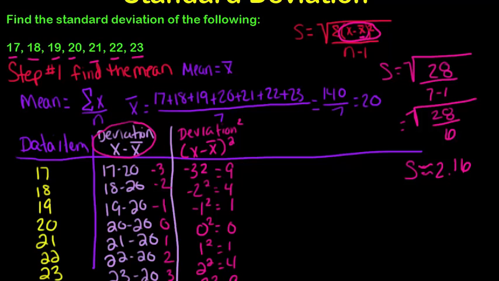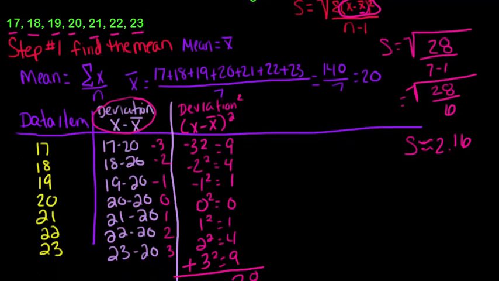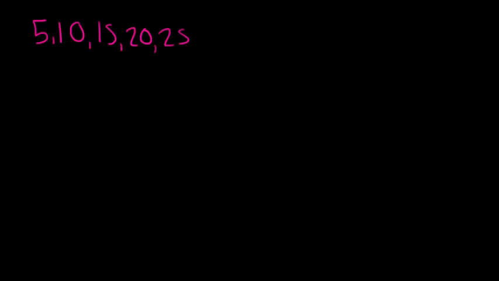Okay, let's do one more example. This time, let's use the numbers 5, 10, 15, 20, 25, 30, and 35.